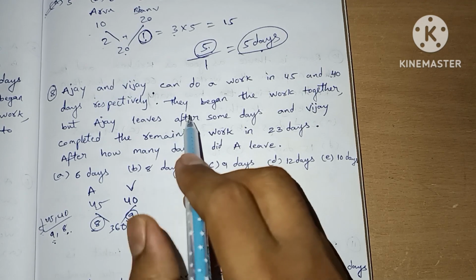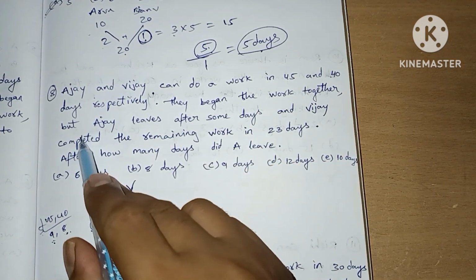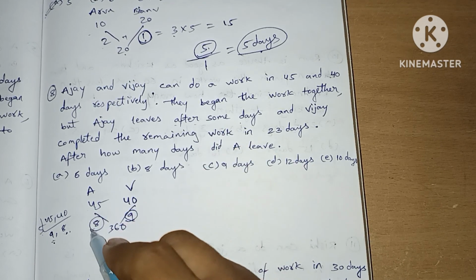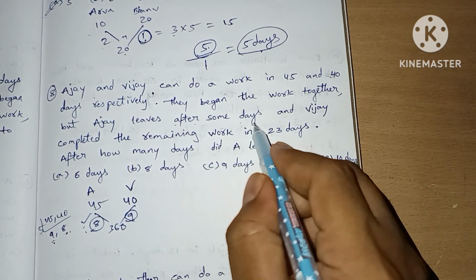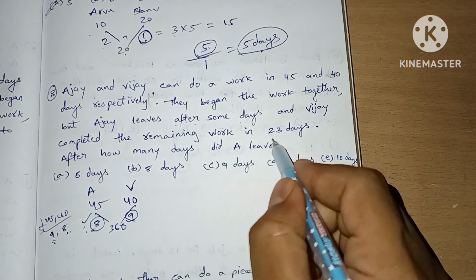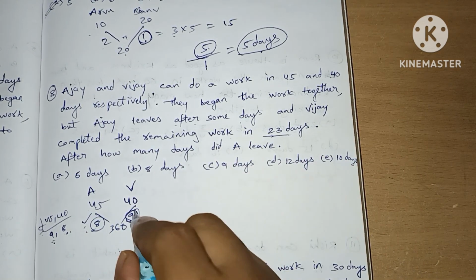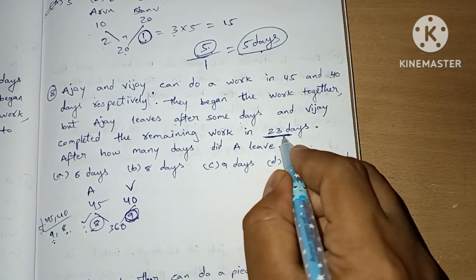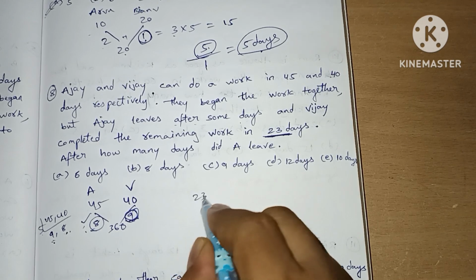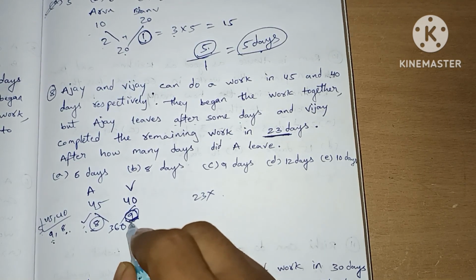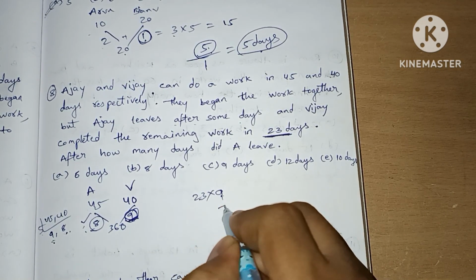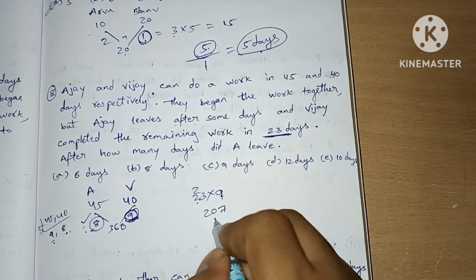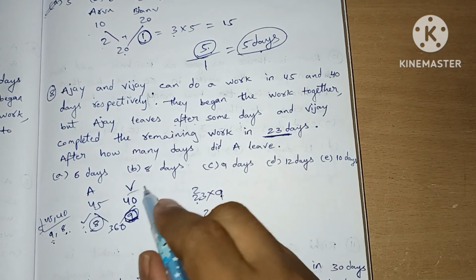Now the question asked is, they began the work together, but Ajay leaves the work after some days. So Ajay left after some days, and Vijay completed the remaining work in 23 days. Vijay's efficiency is 9 units per day, and he worked for 23 days at 9 units per day. 9 × 23 is 207 units, completed alone by Vijay.